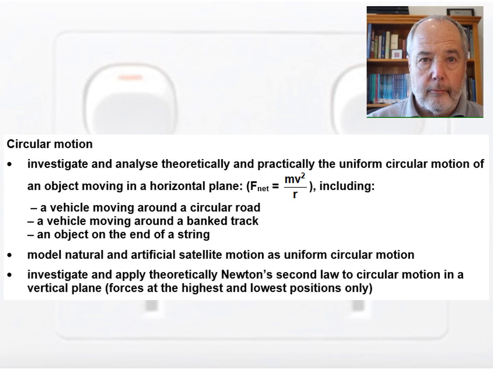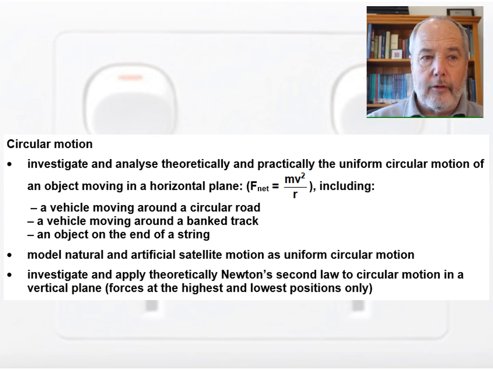Circular motion. There is a fair bit in circular motion. You need to be able to use F is equal to mv squared over r. You need to apply it to three particular types of problem: a vehicle moving around a circular road, a vehicle moving around a banked track, and an object on the end of a string.